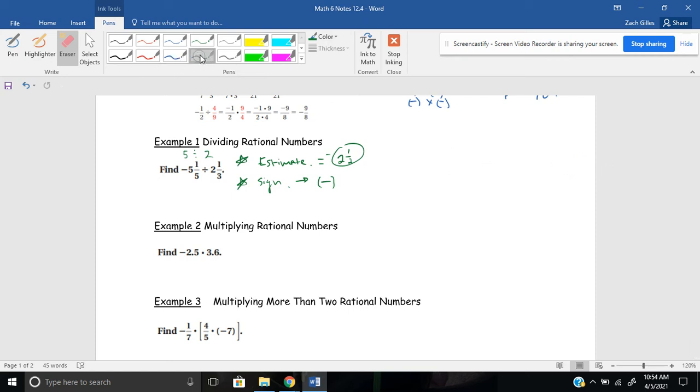All right, so when I divide fractions, first I'm going to change them to improper fractions. So 5 times 5 is 25, plus 1 is 26. So this would be the same as negative 26/5 divided by 2 times 3 is 6 plus 1 is 7. So 7/3.